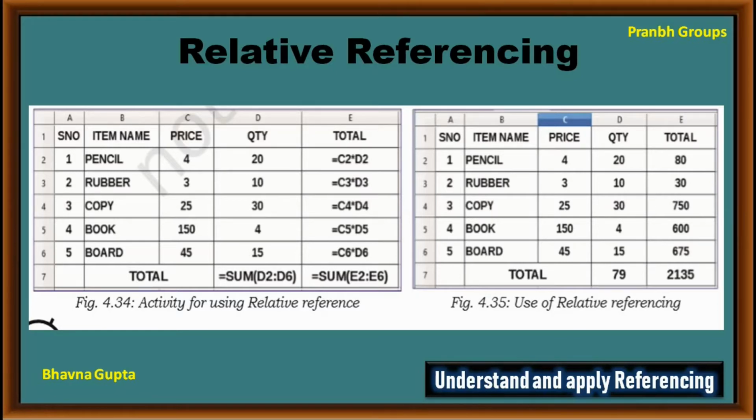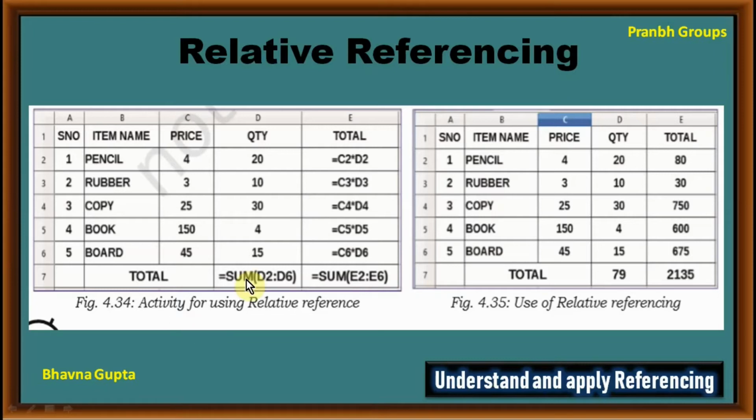Here we used 5 columns and 7 rows. The first column heading is serial number, then item name, price, quantity and total. Here in cell E2, the formula =C2*D2 has been used to calculate the total price of the pencil.